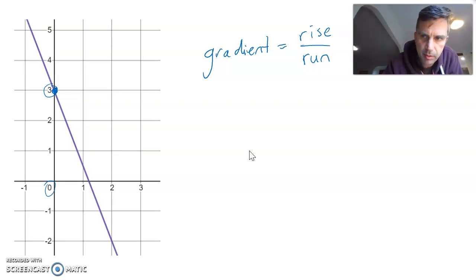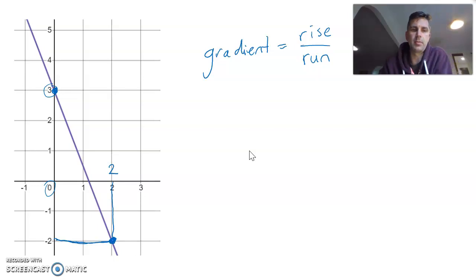And then if we look further along, we don't see it cross over exactly on the grid lines until all the way down here. So this one is at 2 on the x-axis and at -2 on the y-axis. So now we need to think about this rise and this run. Now what we're going to do is we're actually going to start off by looking at the run, because we always go from left to right.